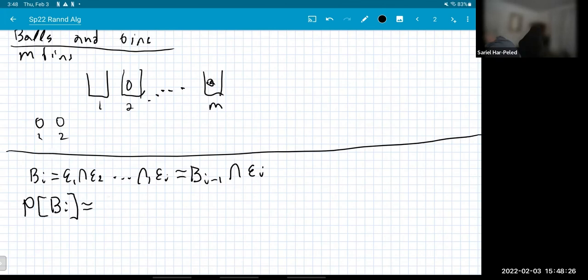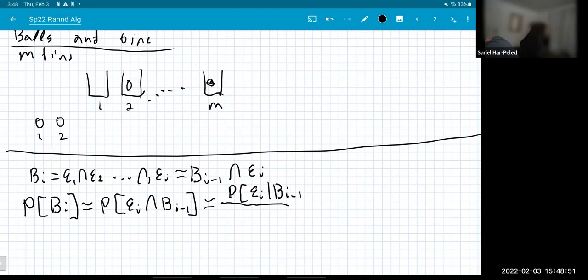So I can write it as the probability of Ei intersection Bi minus 1. Now I'm going to use conditional probability. So this is the probability of Ei given Bi minus 1, multiplied by the probability of Bi minus 1. Let me write it again.